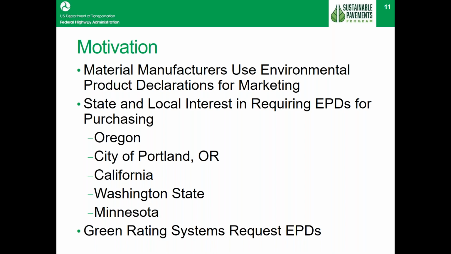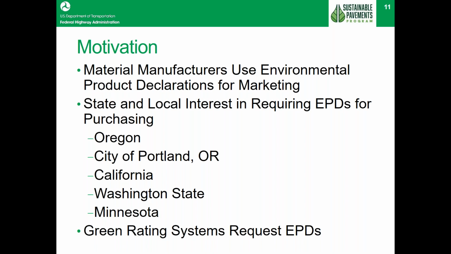And partly as a result of the development of EPDs, state highway agencies and state governments more generally are really able to start to address some important questions. I think we've started to see some really important state level action.